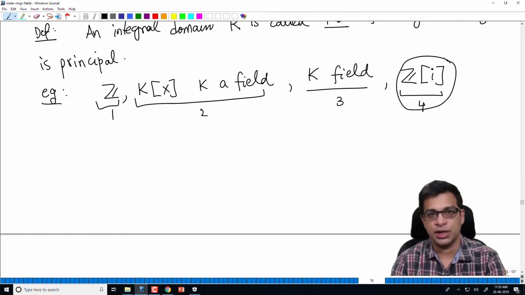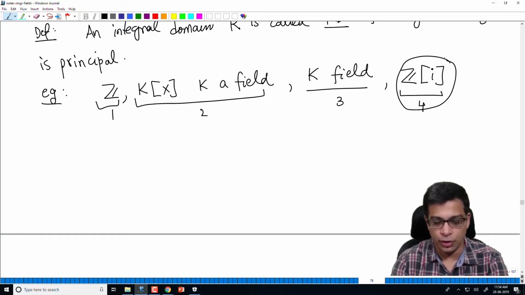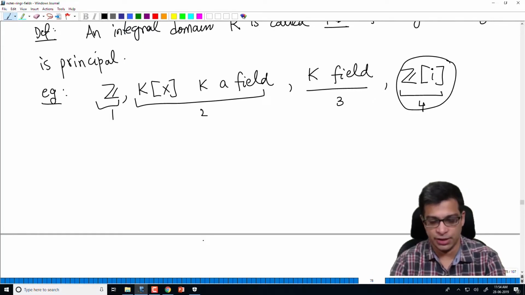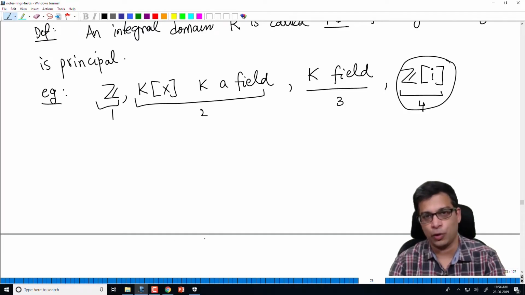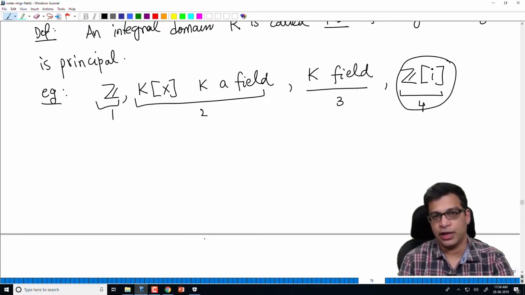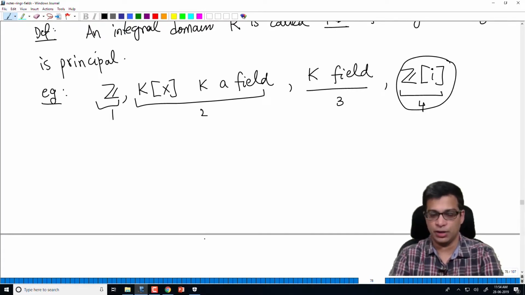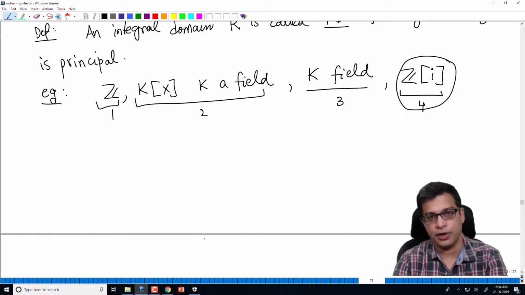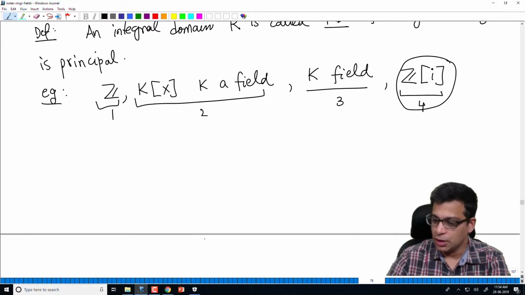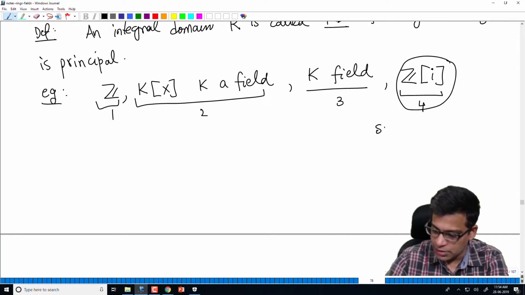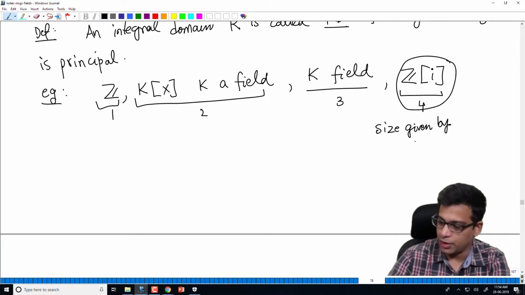We used essentially what is called the Euclidean division algorithm. We have the notion of size in these rings. Size of an integer is just its absolute value. Size of a polynomial is its degree. So given any ideal, we picked an element with the least degree in the polynomial ring and the least positive number in the case of integers. Here we have a size given by the norm of an element.